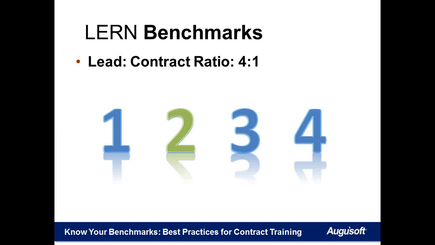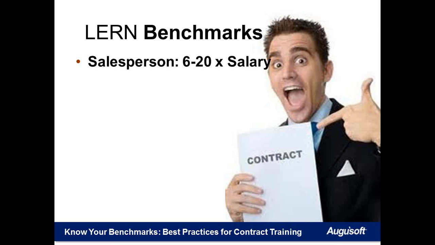And speaking of sales, here's the biggie. Your salespeople, and I know that guy looks kind of silly, but I like his enthusiasm. So I can appreciate that as a director of marketing and sales. I want my salespeople to be enthusiastic. However, a salesperson needs to be generating 6 to 20 times their salary.